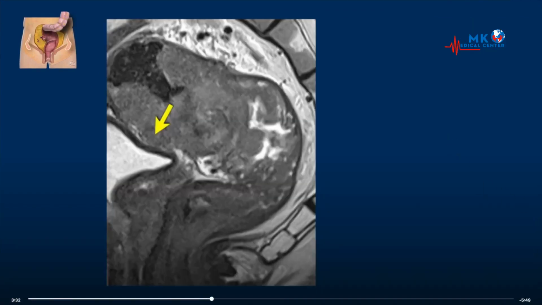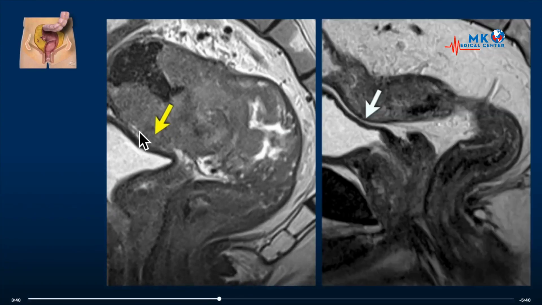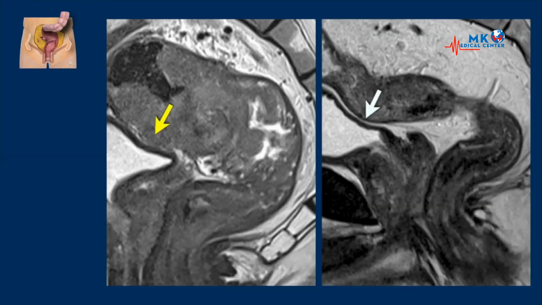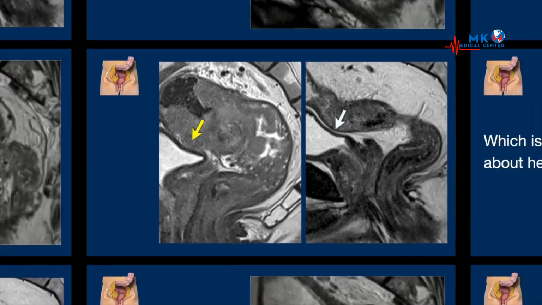And in this case, there is clear invasion of the peritoneal lining. While in this case, the rectal wall is lying against the peritoneal lining, but there is no invasion of the tumor beyond the rectal wall.